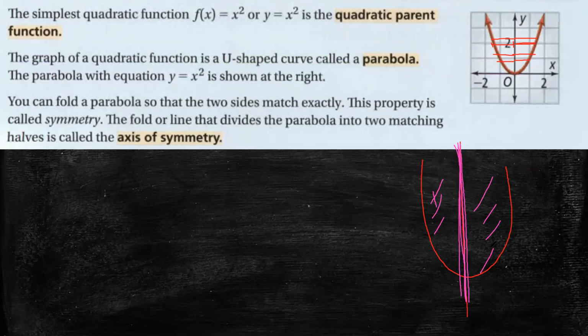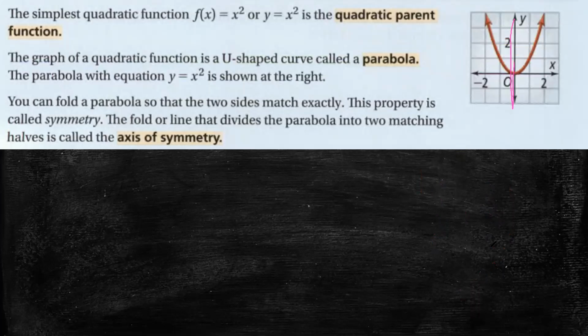So this line that divides the parabola into two matching halves, I call it the axis of symmetry. Axis of symmetry, what does it mean? That means this is the y-axis, as you see here.